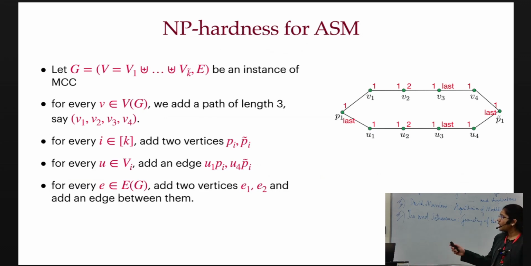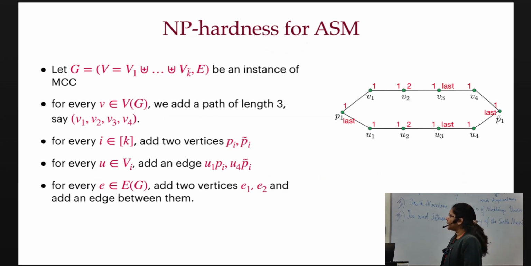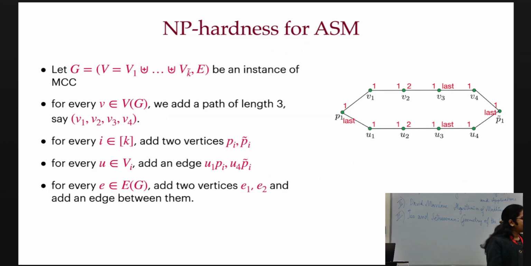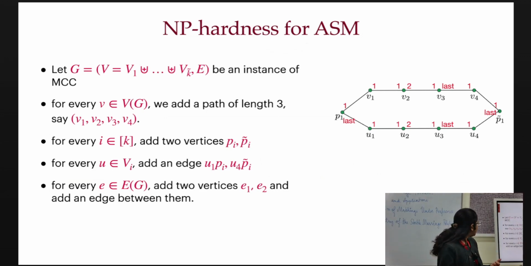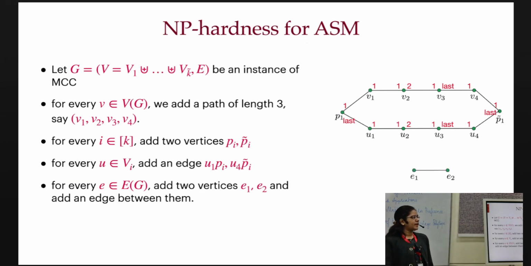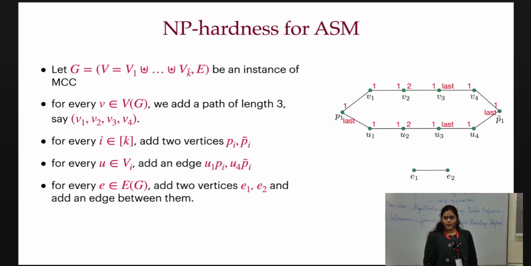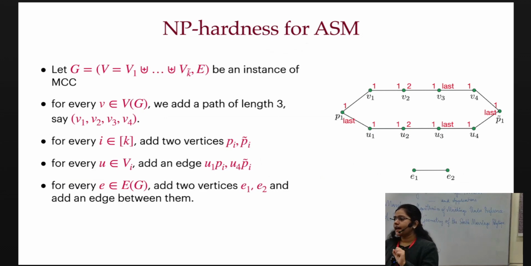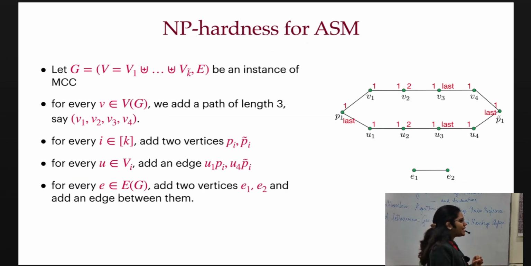Now, for every edge e belonging to E(G), we add two vertices, e1 and e2, and just connect them like this. So, corresponding to vertices, we add a path on 4 vertices, but corresponding to edges, we add a path on 2 vertices.